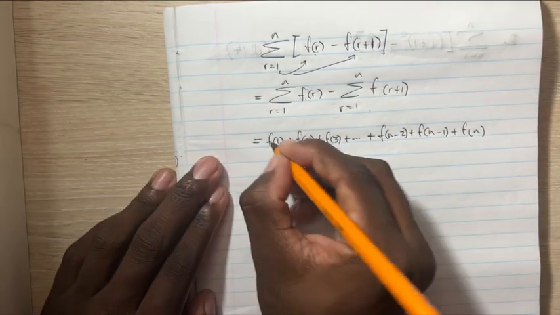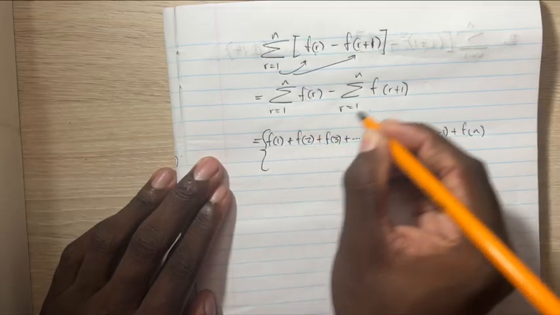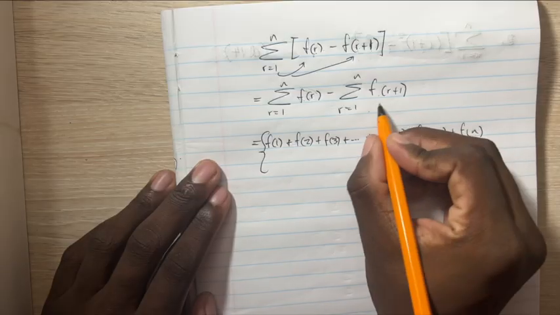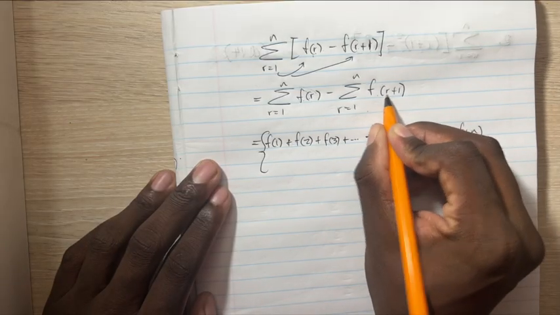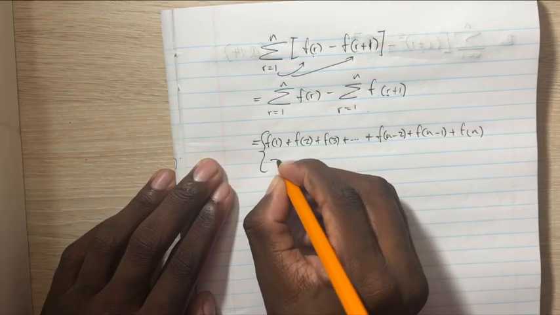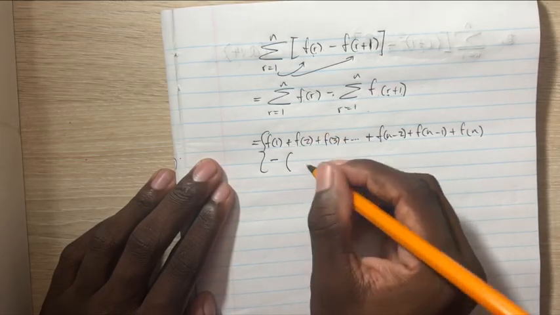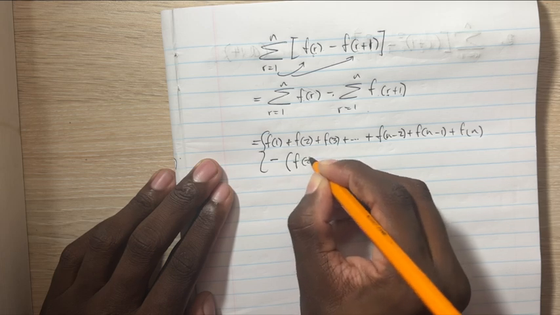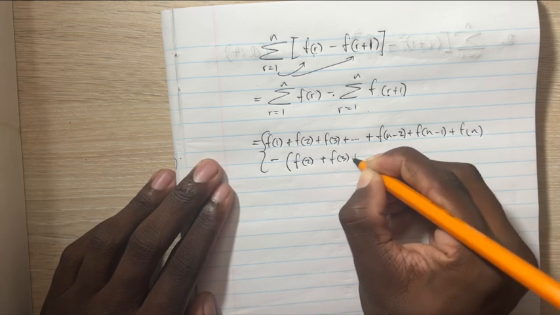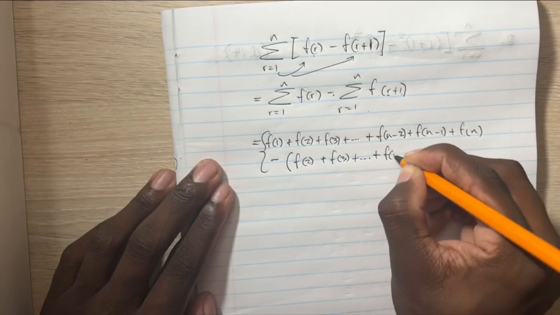Let's do the second one. The first term is not going to be f at 1, because if we put 1 here, it's going to be 1 plus 1, which is 2. So it's going to start at 2, with the negative sign in front. We're going to have f at 2 plus f at 3 plus more plus f at n minus 2.